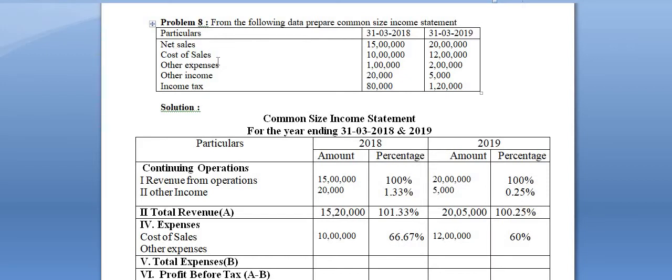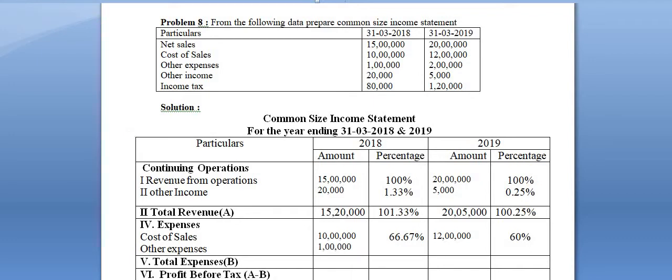Net sales is over. Cost of sales is over. Next one, other expenses. Now take the amount of other expenses here. How much? 1 lakh. Write in front of other expenses 1 lakh.